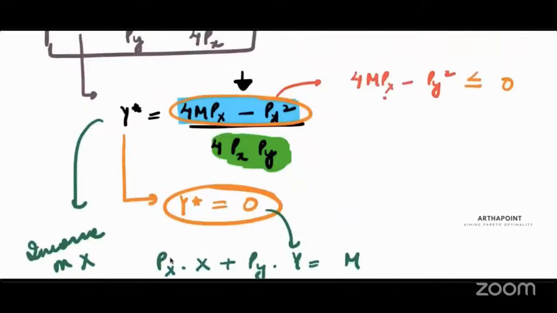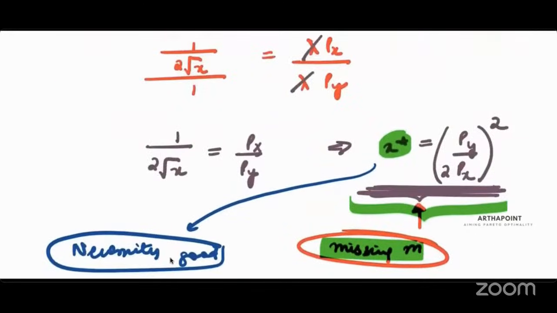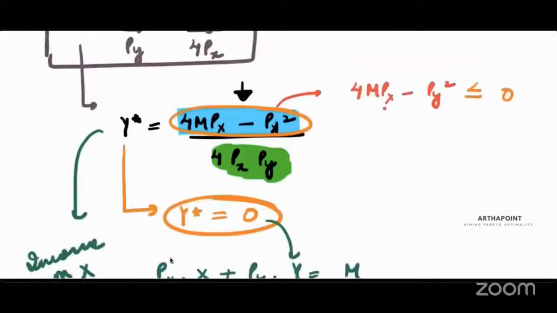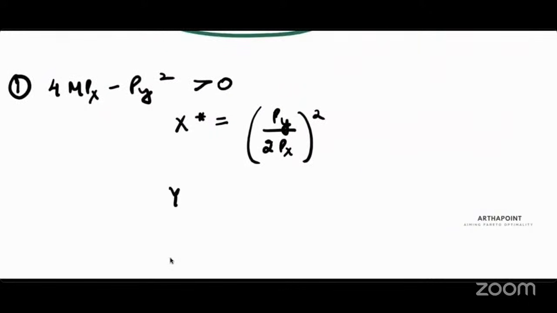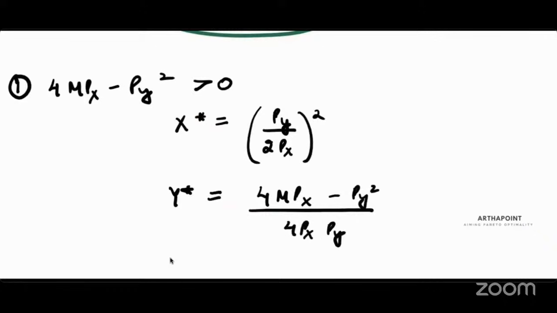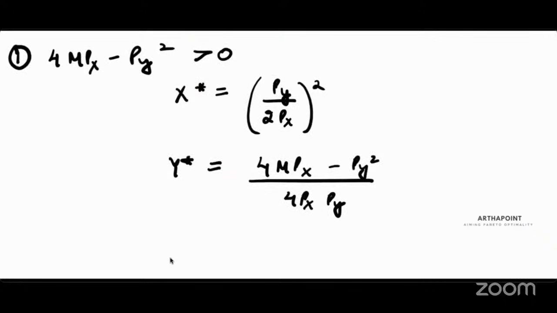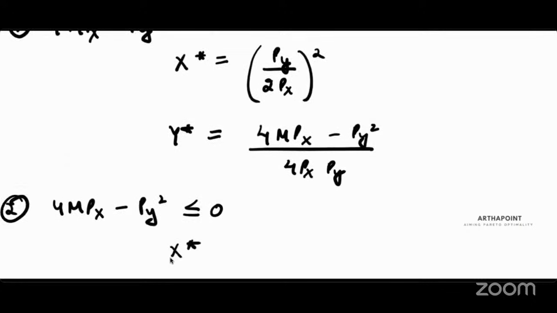This is what your x star came, right? Py upon 2px whole square, and you will consume y star as 4mpx minus py square upon 4px py. But if your numerator is less than or equal to 0, then your x star will be m by px and your y star will simply be 0 because the numerator is negative.